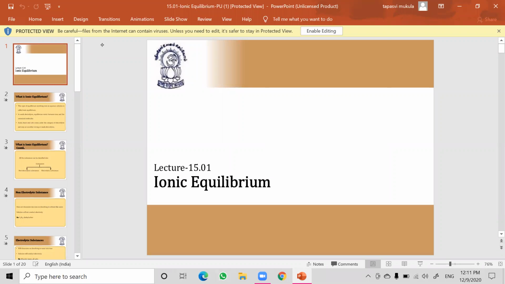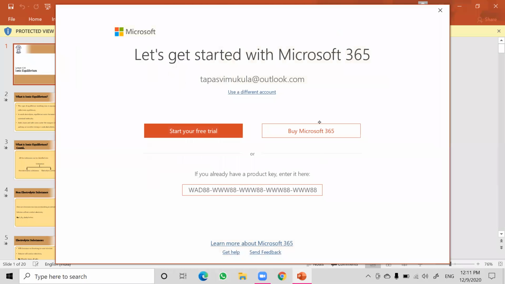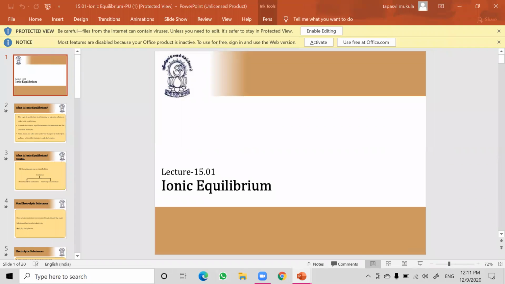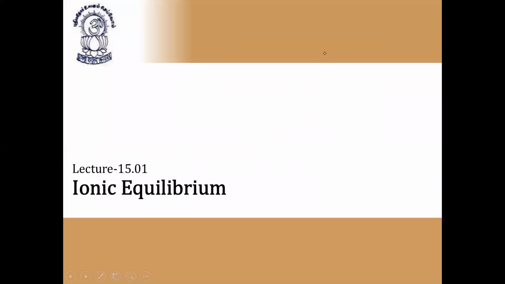Now coming to ionic equilibrium, we are going to discuss ionic equilibrium today, lecture 1. What is the difference between chemical equilibrium and ionic equilibrium? Chemical equilibrium means the equilibrium existing between the reactants and the products in a chemical reaction.